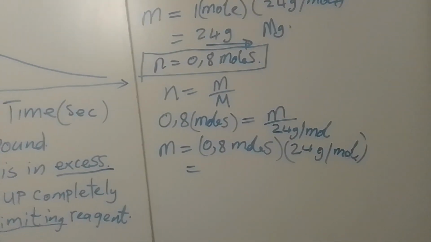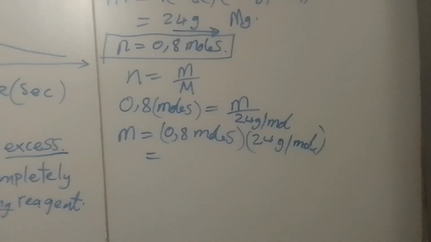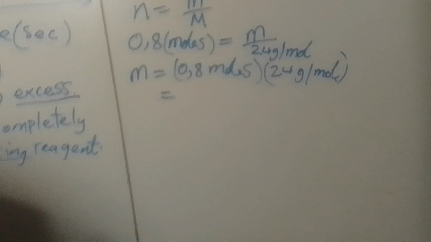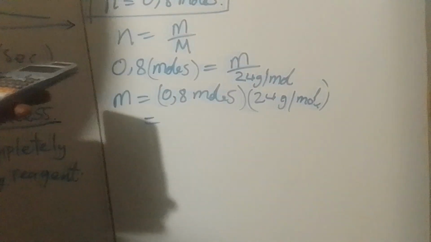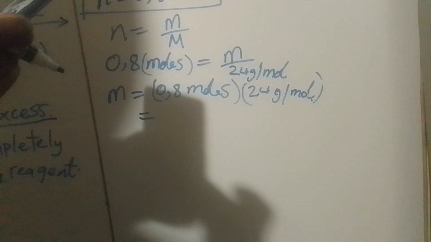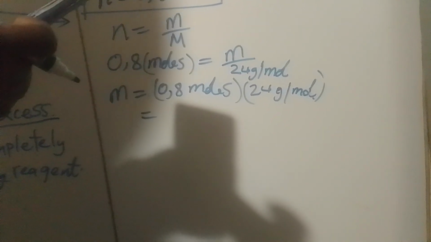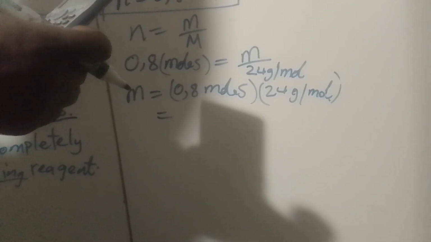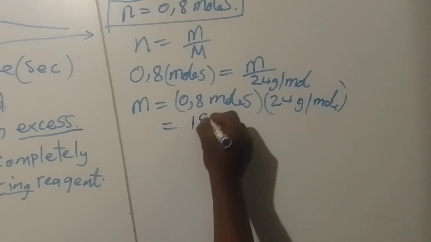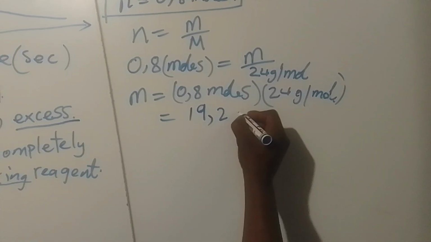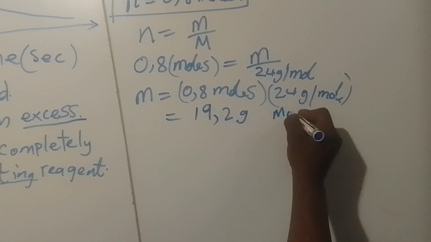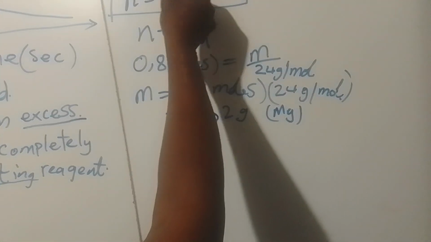According to the calculator, if you punch your calculator correctly, 0.8 multiplied by 24 is going to give you 19.2 grams of magnesium.